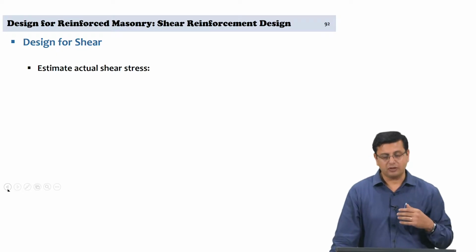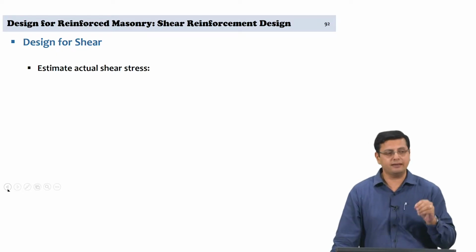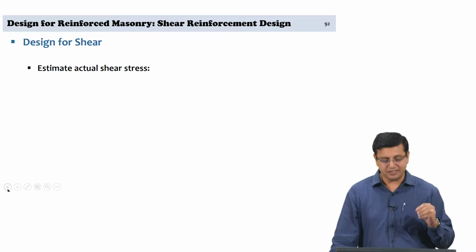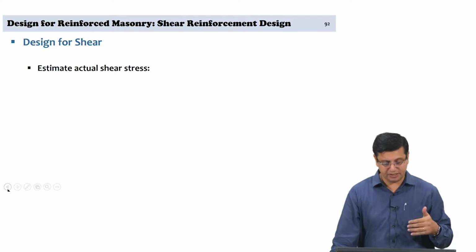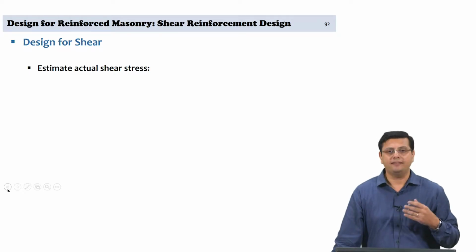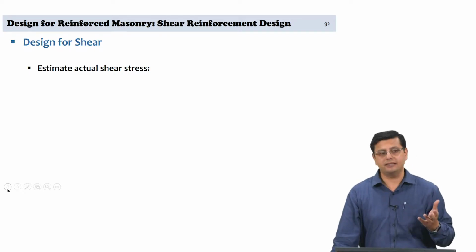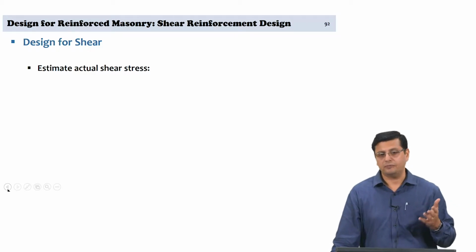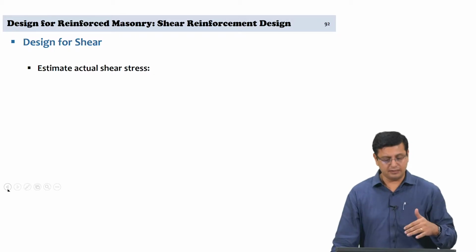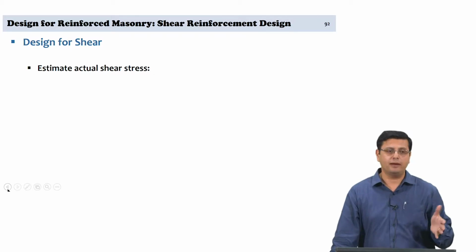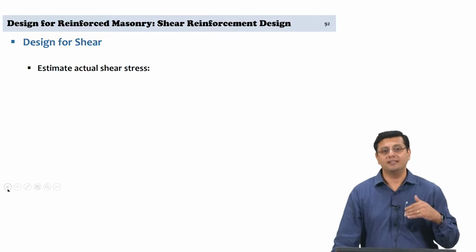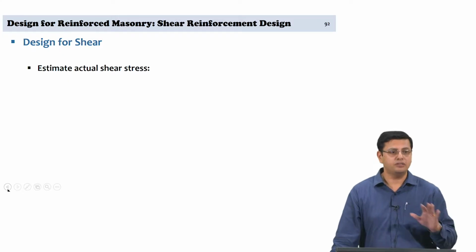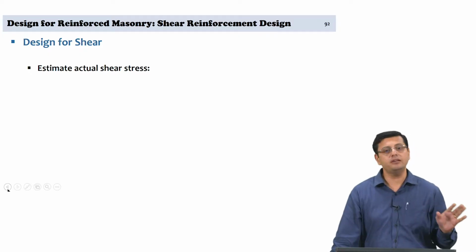So, from the shear demand we then arrive at the demand shear stress on the masonry wall, and this value of shear stress can give us an indication whether the masonry alone, that is the unreinforced masonry wall alone, would be in a position to resist the shear demand. And this is a stage where you actually make up your mind on whether you are going to use designed web shear reinforcement or just have the masonry take care of the shear itself.